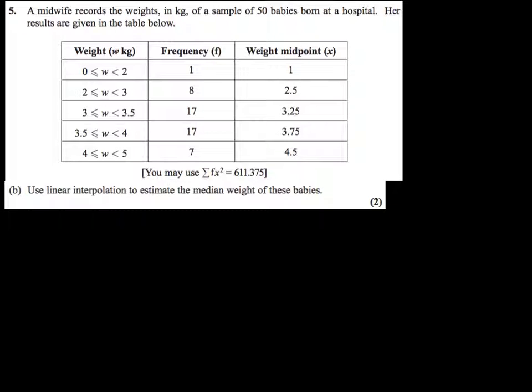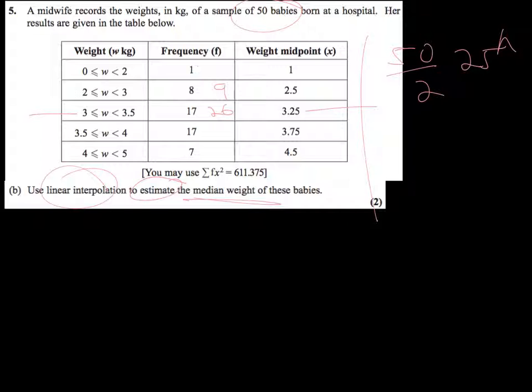In part B, we're asked to use linear interpolation to estimate the median weight of these babies. So if we've got 50 babies, we are looking for the 25th result. So there's 1 here, there's 8 here, so that's going to be a cumulative frequency of 9. And if we add 17, that's going to take us to 26.